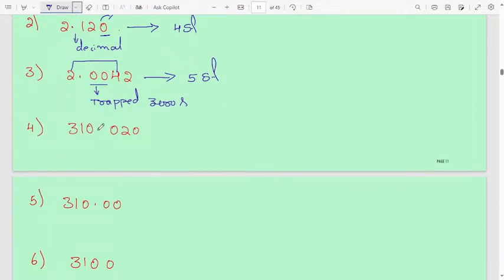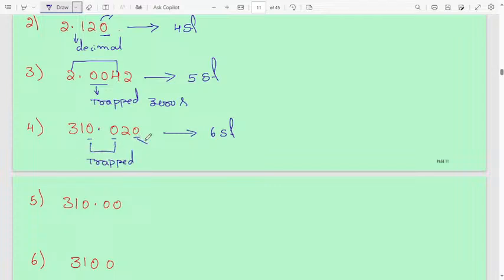Then here you are having the decimal, then these two zeros are the trapped zeros. After the decimal this 0 is the ending 0, therefore 1 2 3 4 5 6, here you are having 6 significant figures. See, these two are trapped 0, yes, we have to consider.